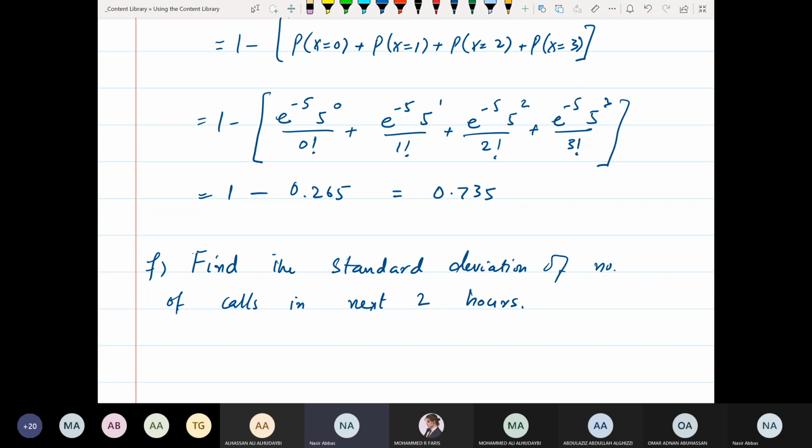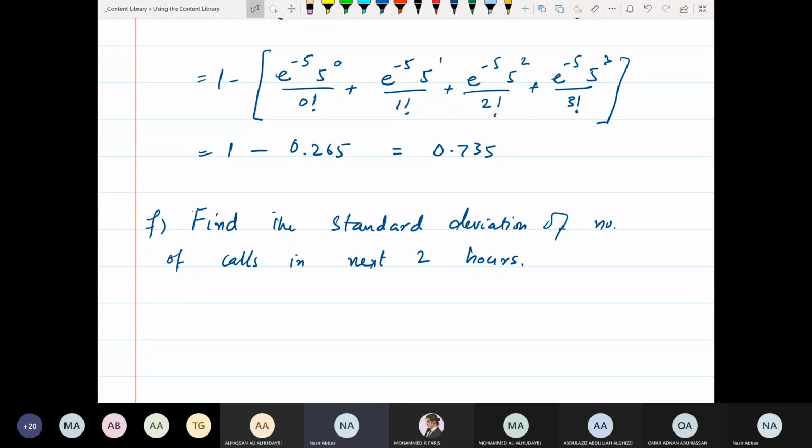What am I asking you to find? Number one, look at the variable of interest. Your variable of interest is number of calls in next 2 hours. So for this X, your probability mass function is this. That is e to the power minus 2 times 10.